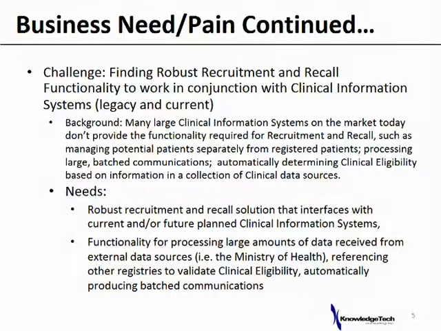The only thing the recruitment and recall system needs to know is who's the patient, how do we contact them, and when were they last screened. So that the rules know when to remind that person that they need to come back for screening again, or recruit them because they've never been screened.